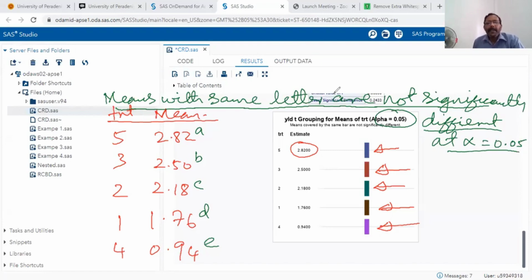You go home, study, and come back. So I have put A, B, C, D. Means with the same letters are not significantly different. If you write it the other way, means with different letters are significantly different at alpha 0.05. So do we have a difference between these two?